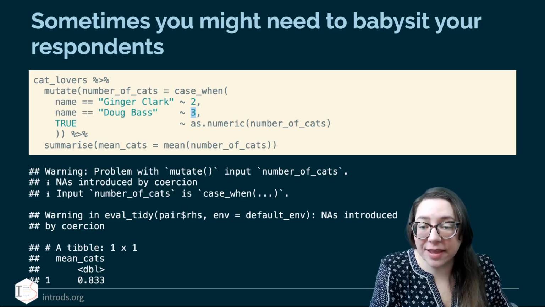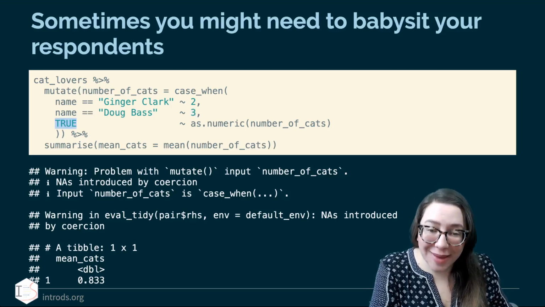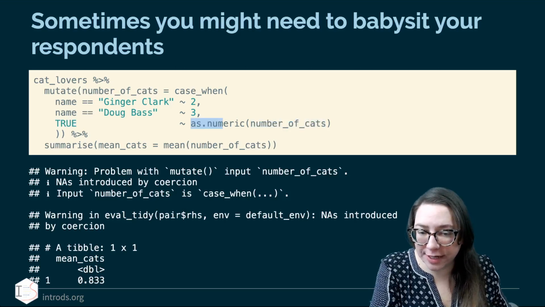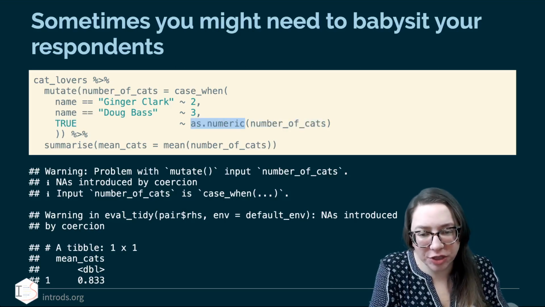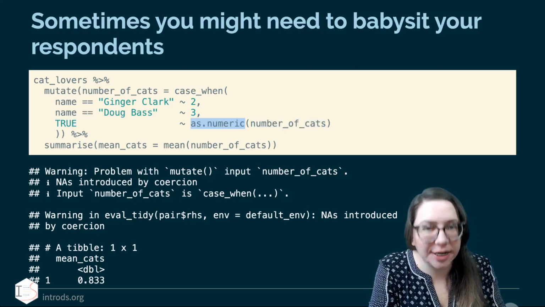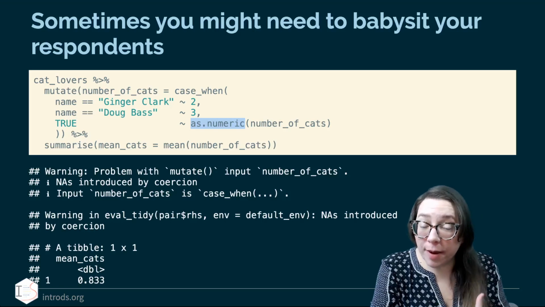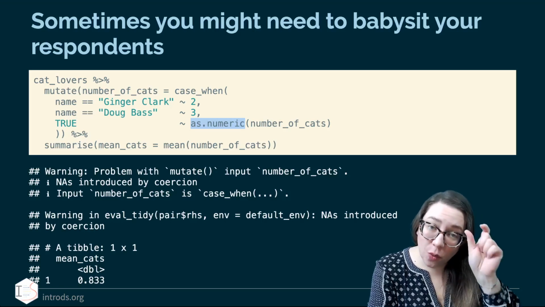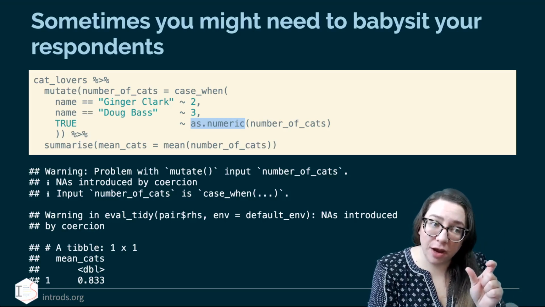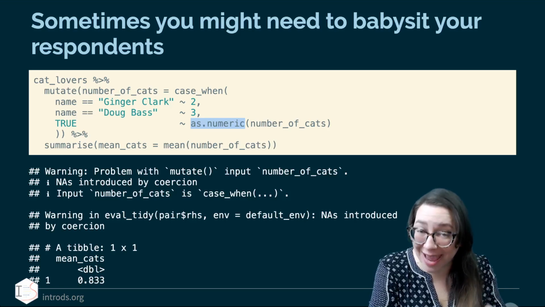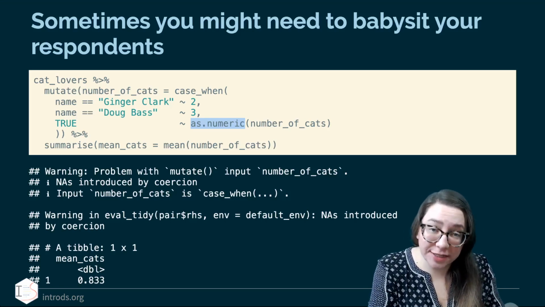For everything else, leave things alone, but convert them to numeric data. This as numeric function is new, and it is about data types, and we're going to give you a little bit more context about that in a little bit. But basically, remember the rest of the data were also in quotation marks, even though people had entered the data in as numbers.